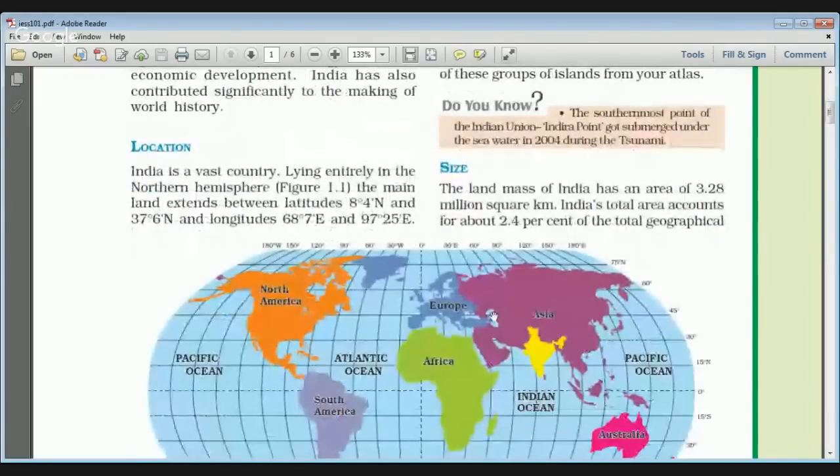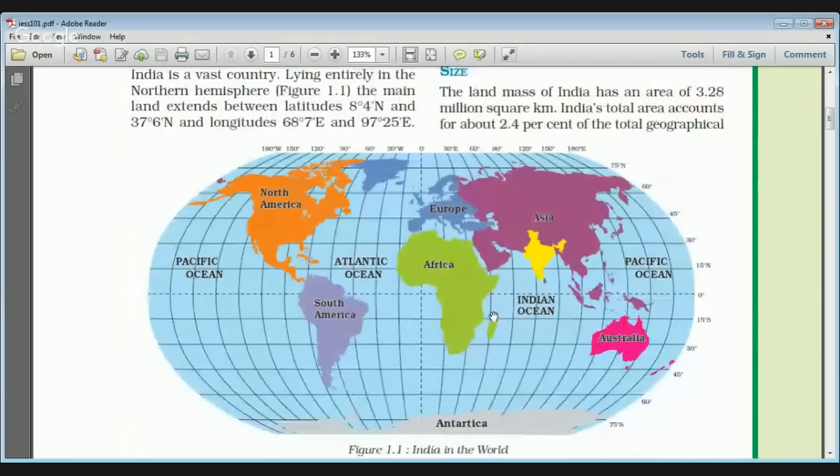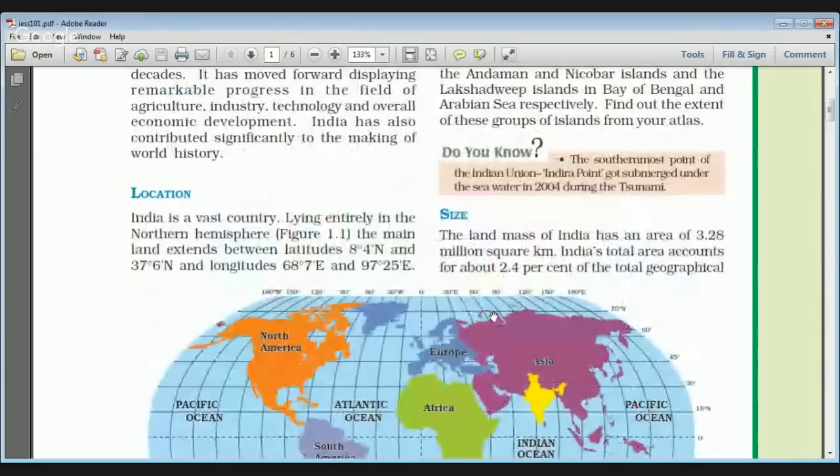And this is a fact that the southernmost point of the Indian Union, that is Indira Point, got submerged under the seawater in the 2004 tsunami. The 2004 tsunami came in the Sumatra region, and it spread widespread damage in India and Sri Lanka and other Southeast Asian countries, and also in the Andaman and Nicobar Islands of India.